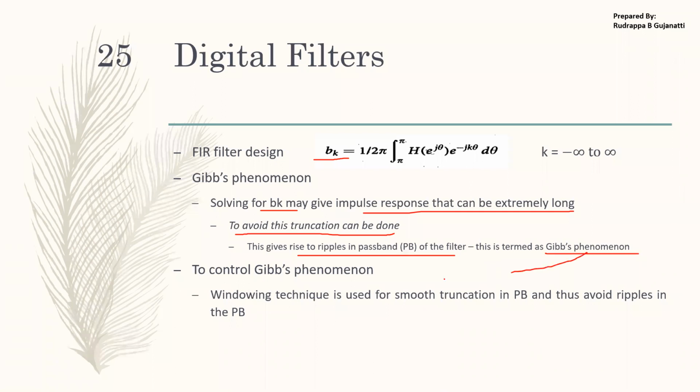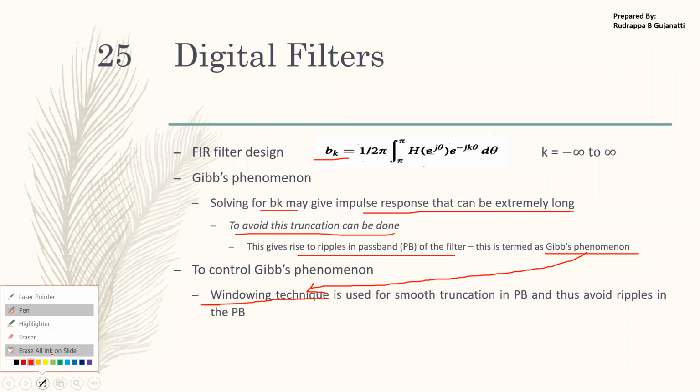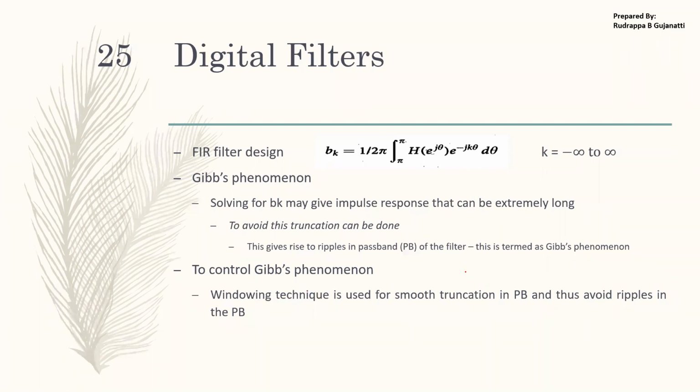In order to overcome this, we make use of the windowing technique. If you have studied the Bartlett window or some other windows, you might have heard about them. These are the windows we use to overcome the Gibbs phenomenon, basically to avoid the ripples or minimize their effect in the passband.